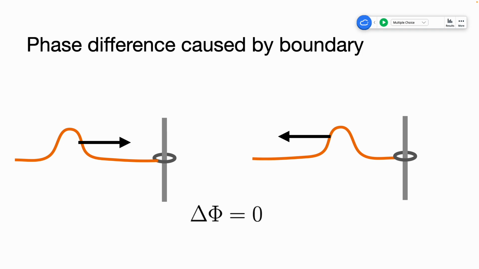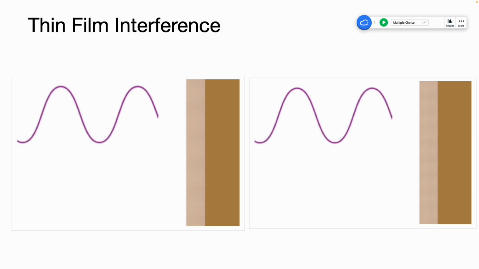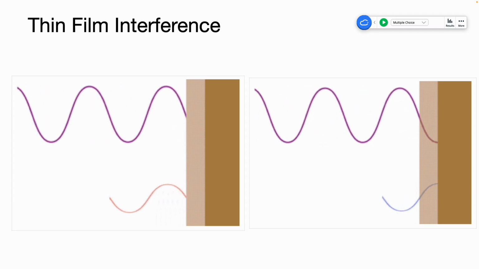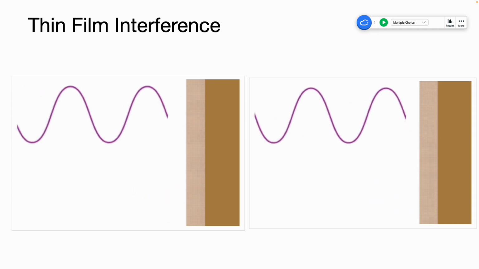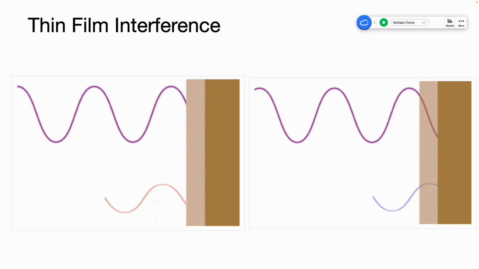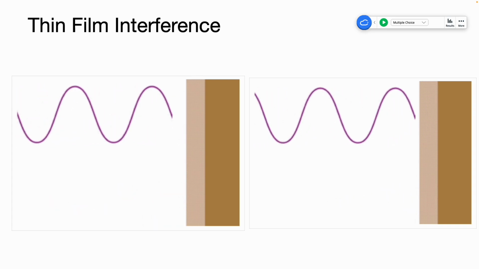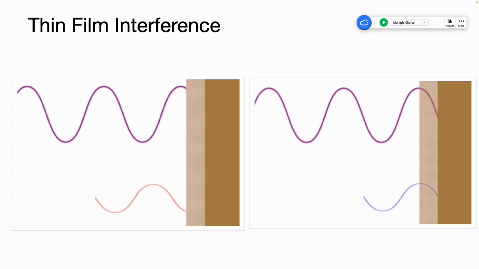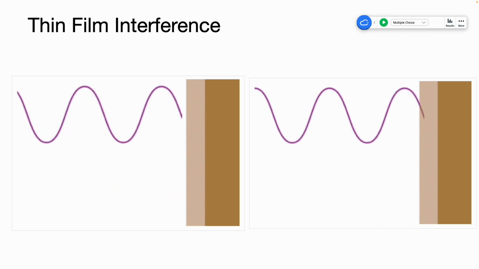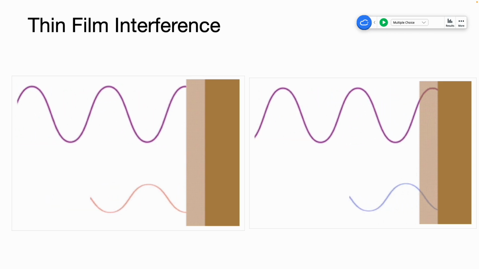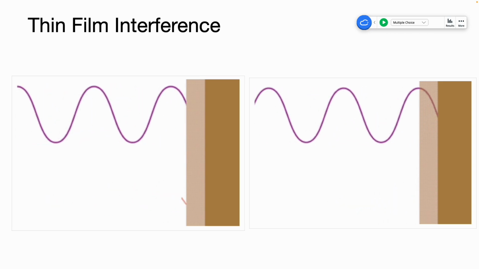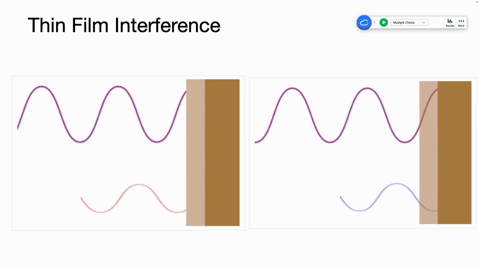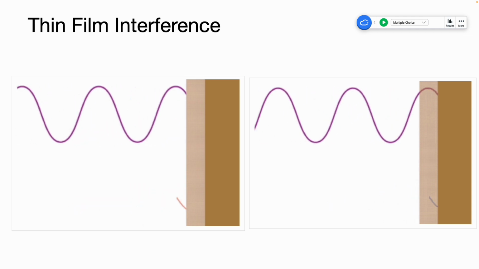All right, we're done with the simple math and terminology. Let's do physics. So the last type of interference we need to do is called thin film interference. When you have a thin film coated over here, the wave can be reflected by the first interface, or it can penetrate the first interface and get reflected by the second interface.